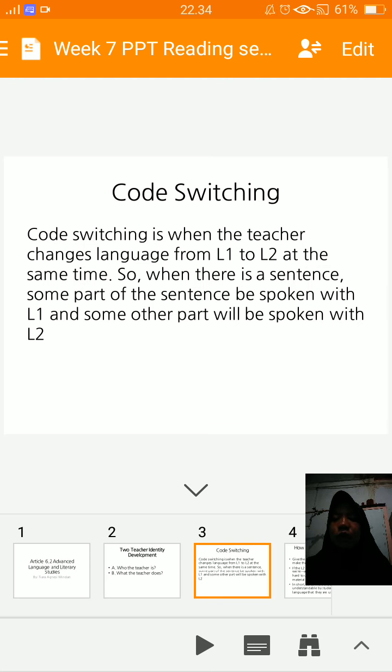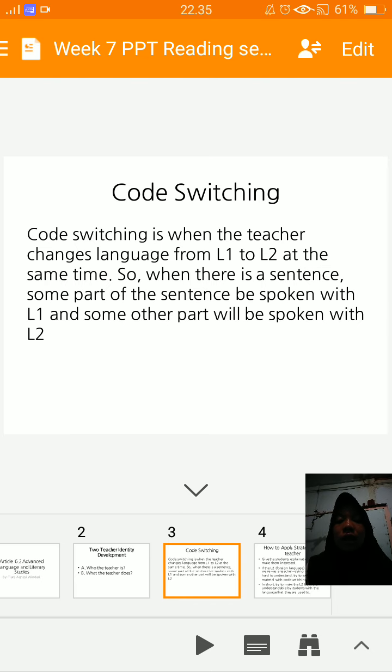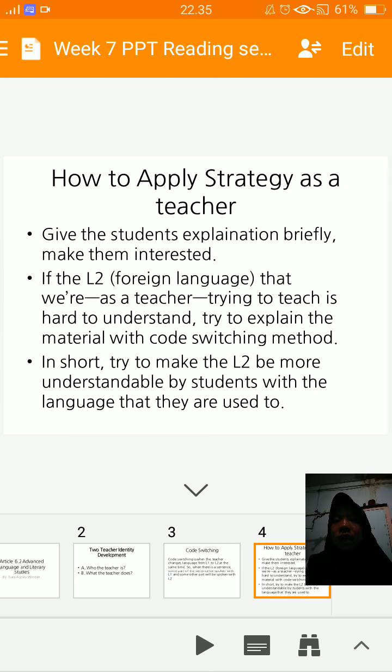The first language is L1, which is our mother language, and we change it to L2, which is the foreign language that we try to teach to the students. Sometimes, for example, when we explain, we say half of the sentence in L1 and the rest in L2.